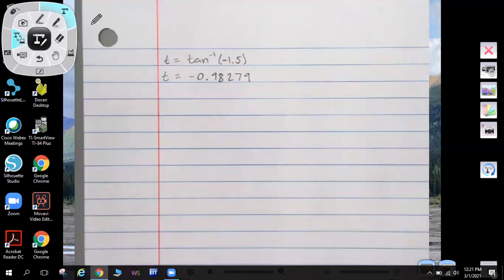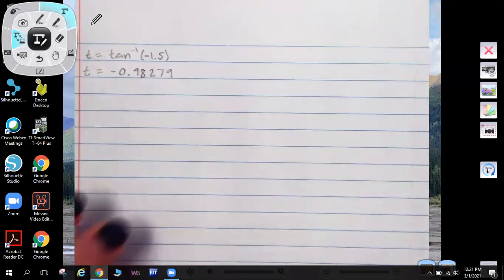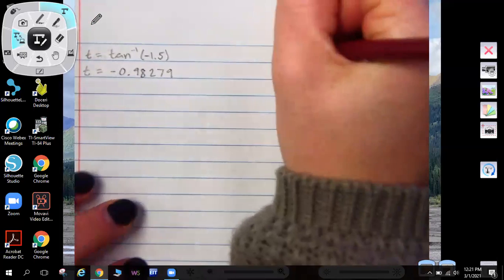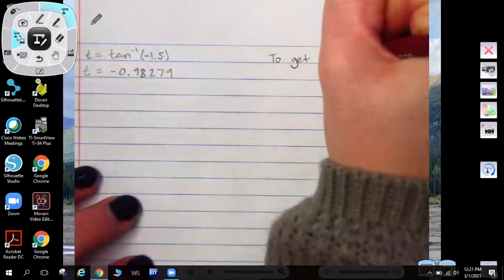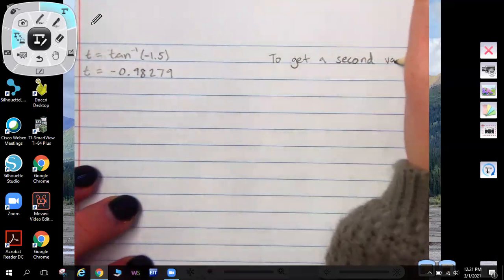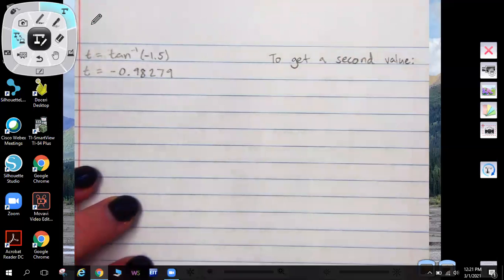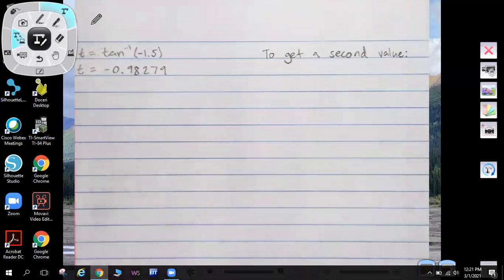So let's take a second to talk through that, and then we'll come back to this. So this is kind of a sidebar. We have one value for t. We need a second one before we start looking at the different rotations.